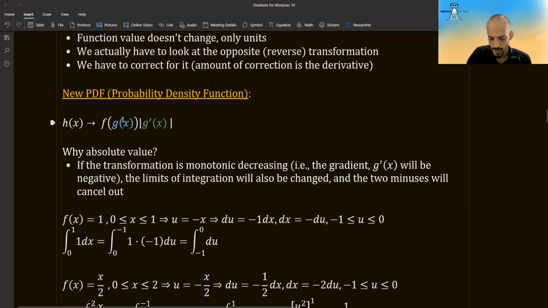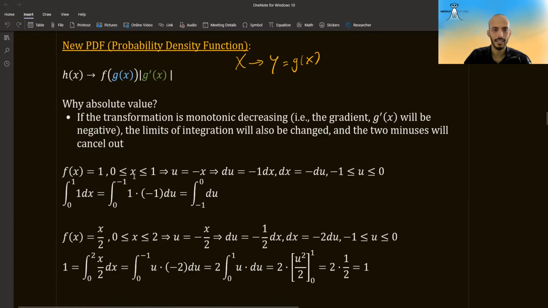So let's say x is a random variable, and we move to y, which is some g of x, then the only thing we need to change in the PDF is to multiply by the absolute value of the derivative of the transformation. Now, you might ask, why absolute value? Well, if the transformation is monotonic decreasing, that is, if the gradient is negative, then the limits of integration will also change, and the 2 minuses will cancel out.